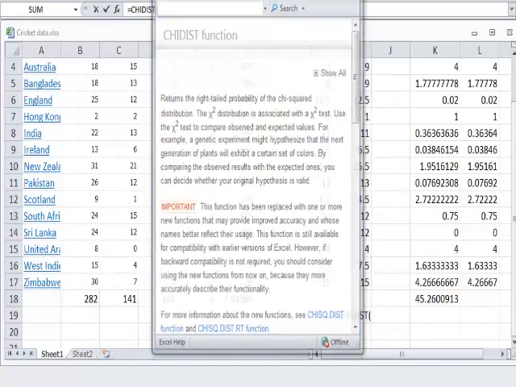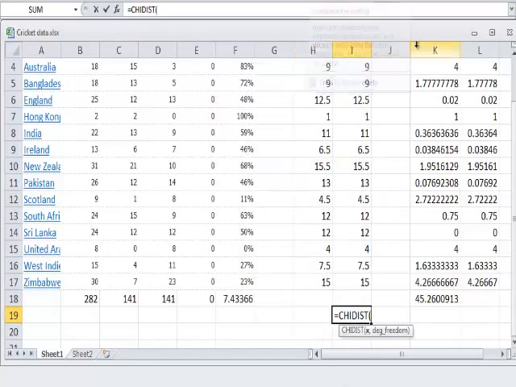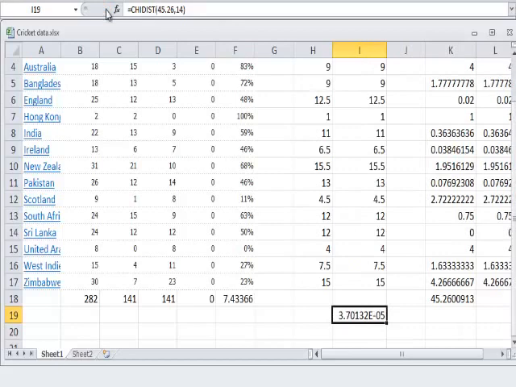It's not the standard distribution function. So we put 45.26, and how many degrees? 14. Yes, very, very low value. So this is the same thing.